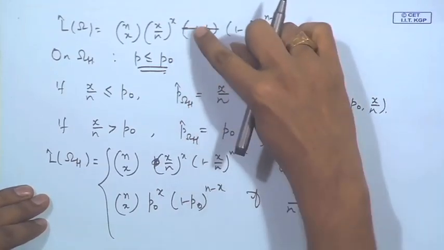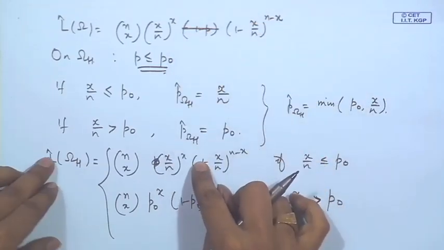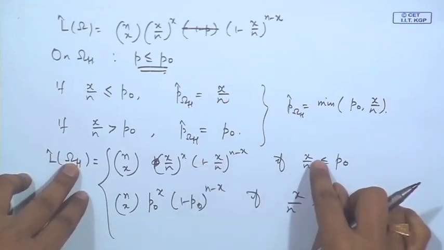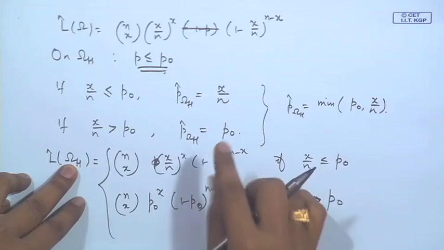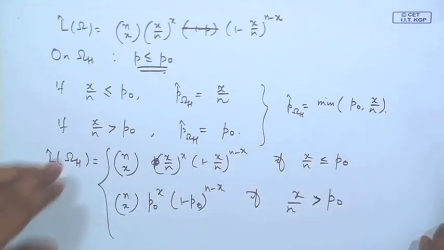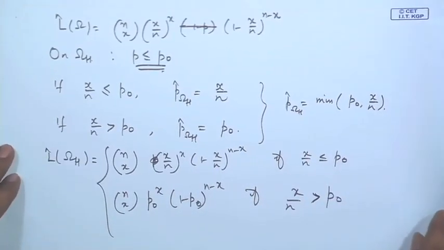So, if you compare L hat omega and L hat omega H, then for the case x by n less than or equal to p naught, they are the same. In that case, you always accept, because both are the same. So, you accept H1.